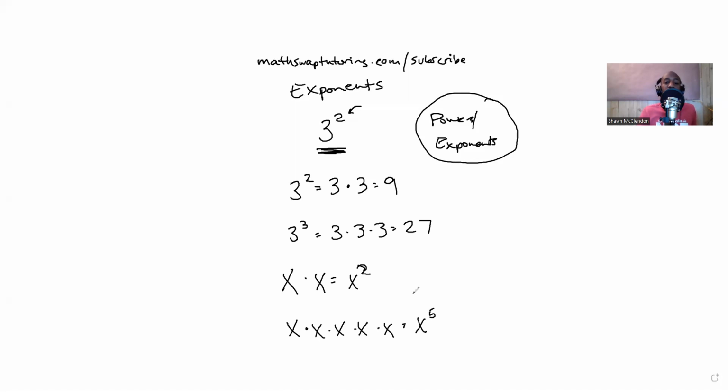Now that we've talked about the basics of how powers work, let's lay some rules down. So let's clear this out. Let me just type it.